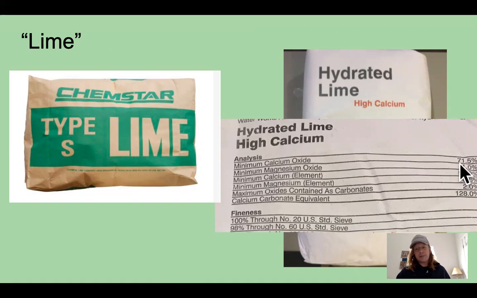Here you can see we're looking at over 70% calcium content and a 1% magnesium content. The math is a little funny on this sack, but this stuff has been working great for me. It's definitely more expensive than the type S hydrated lime that's used for masonry. You can get away with it. I've used it before and had success.